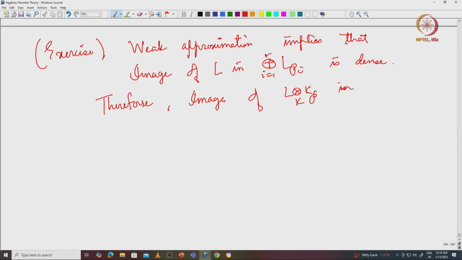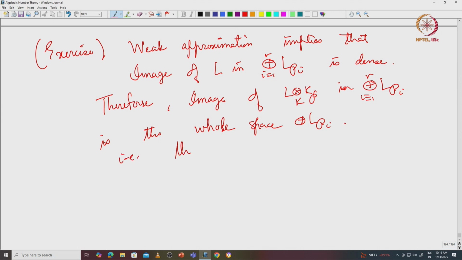So, the image of this inside the L_{p_i} is the whole space, i.e. the map is surjective.